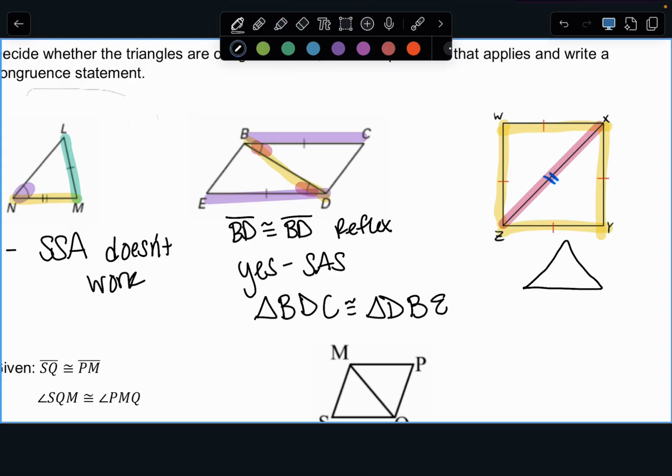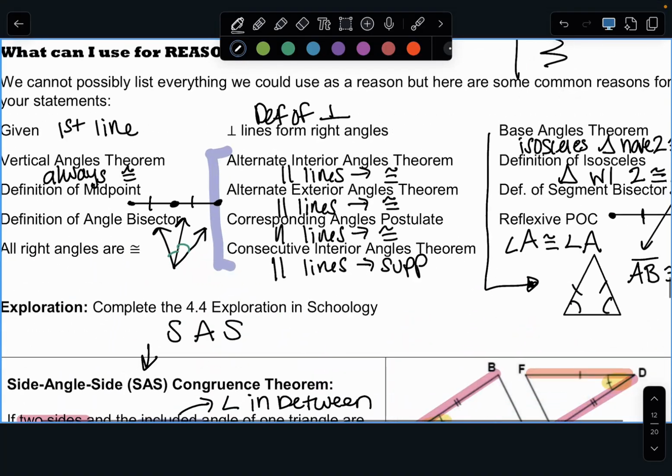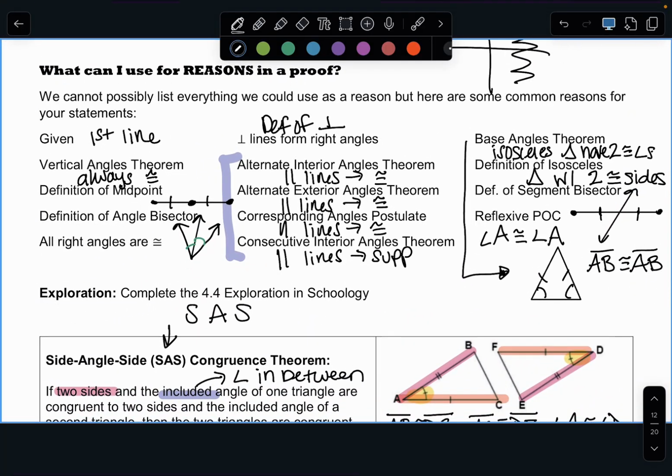What type of triangle is WZX? If I have 2 congruent sides, what type of triangle is it? It's isosceles. And what do I know about isosceles triangles and their angles? I have 3 sides, I need an angle. Yeah, I have 2 equal angles.